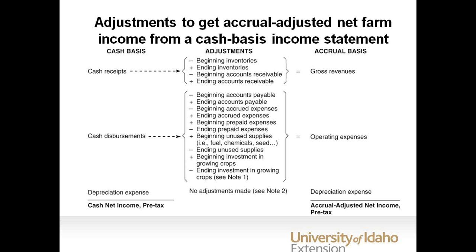Inventories, those would be inventories of supplies and inventories of crops, and they come right off the schedules from the balance sheet. You take your beginning inventories and compare those to the ending inventories, and if the ending inventories grew, it adds that back into the gross revenue for the year.